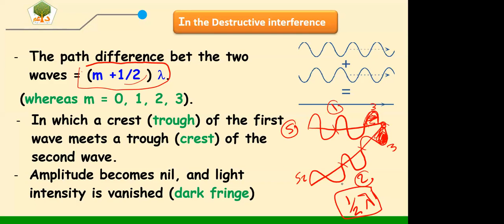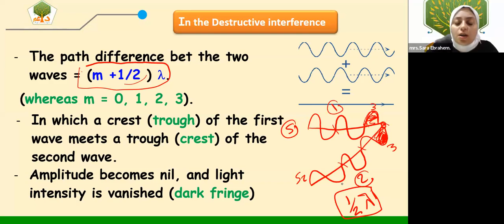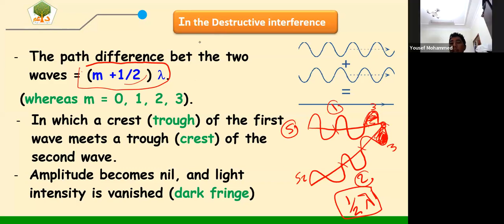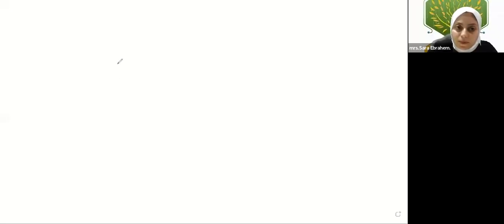Okay. So the path difference to reach the first bright fringe is what? What did you say? First bright fringe.